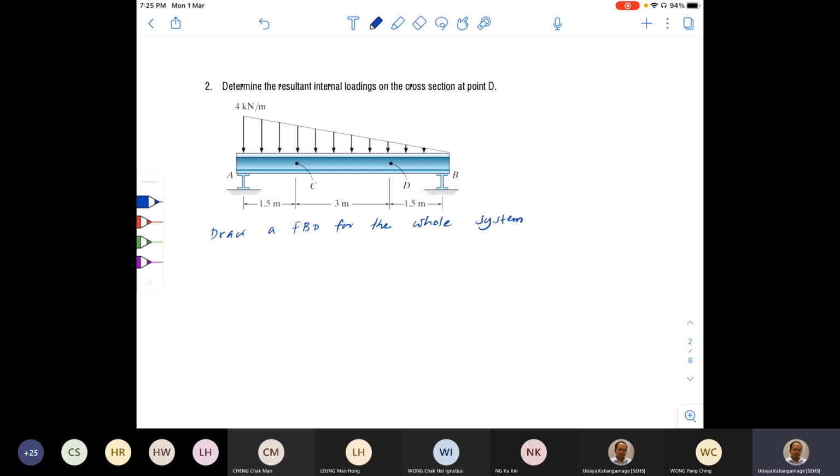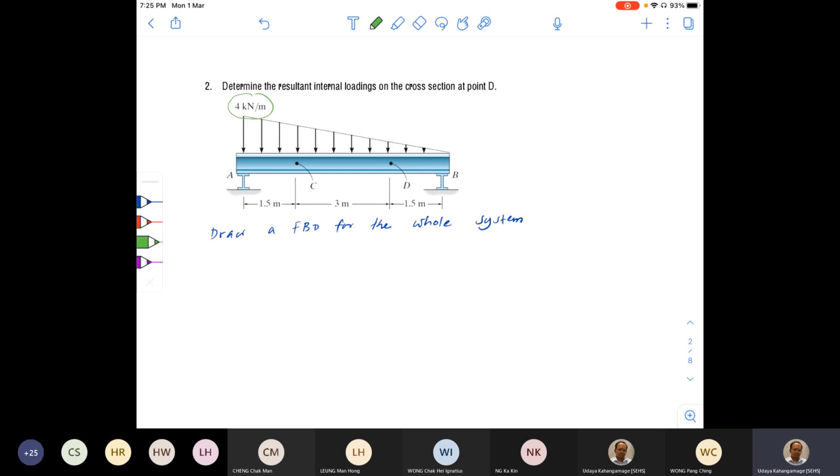Before that, some of you might be confused about the way the load is applied. This is called a distributed load. It is not uniformly distributed, but the pattern of distribution has a kind of uniformity.